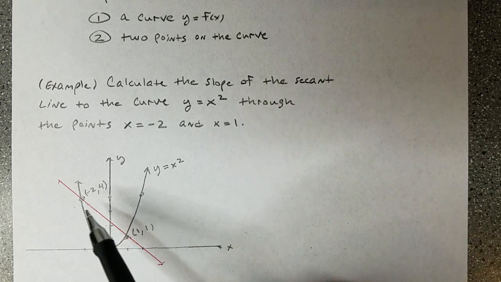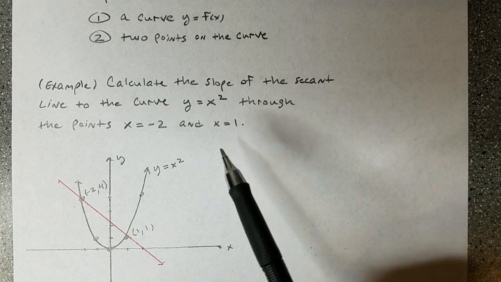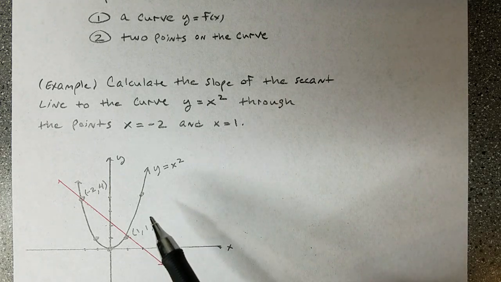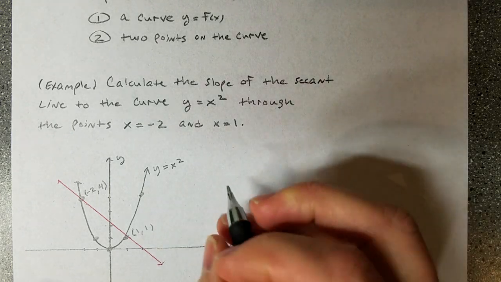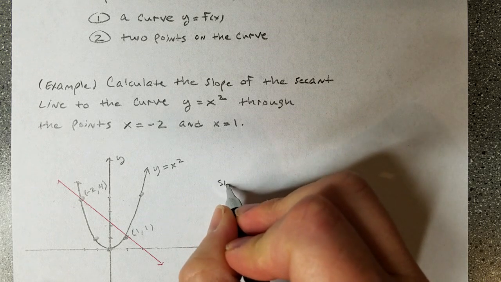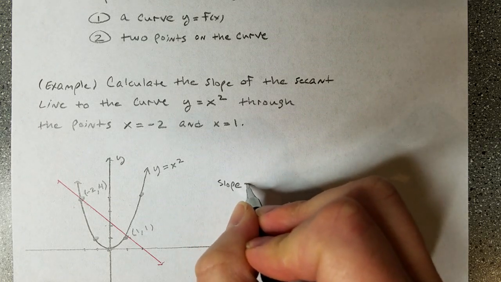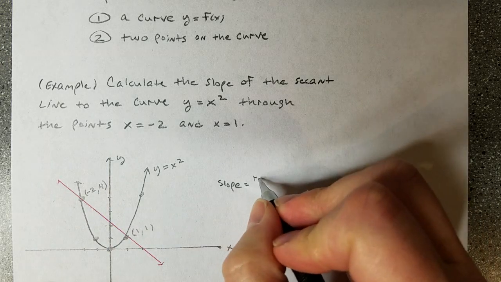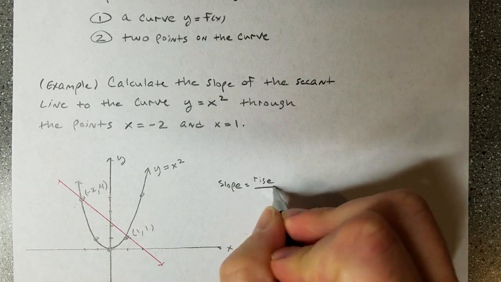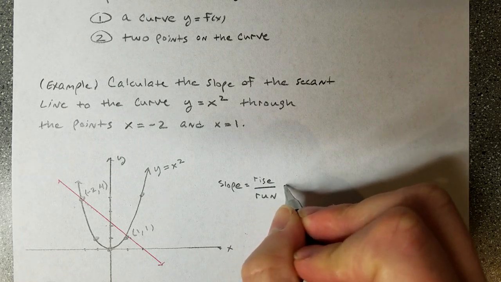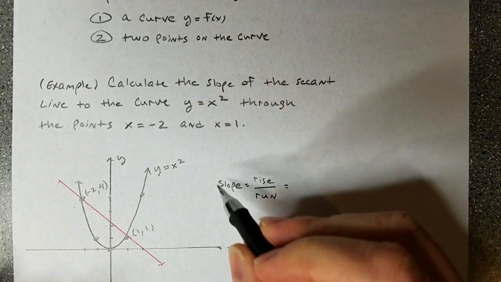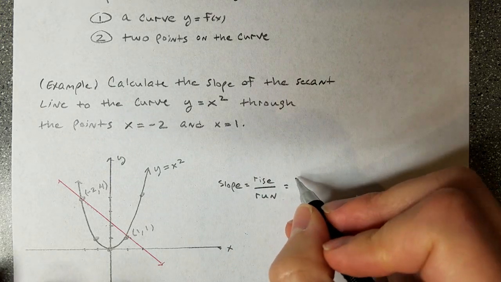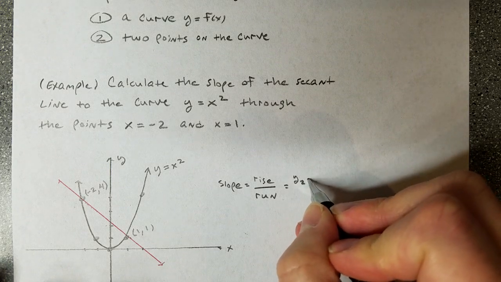How you find the slope of the secant line is the same way you'd find the slope of any line. The slope of the secant line, that thing in red, is going to be the rise over the run. Maybe I'll give you a formula. Remember this formula?